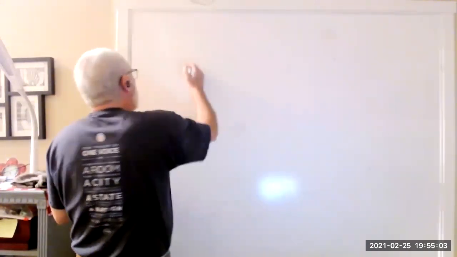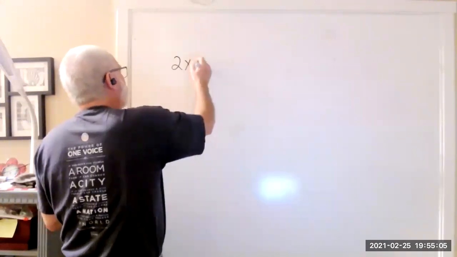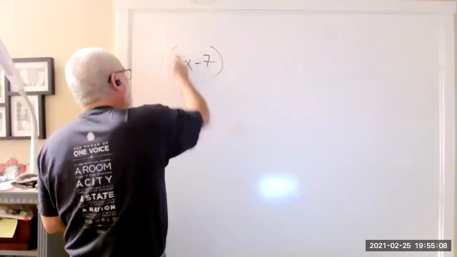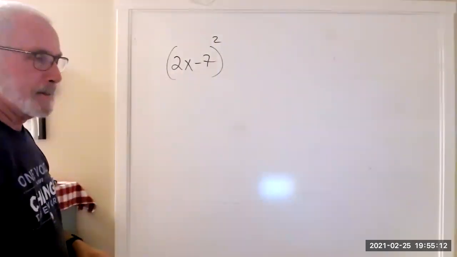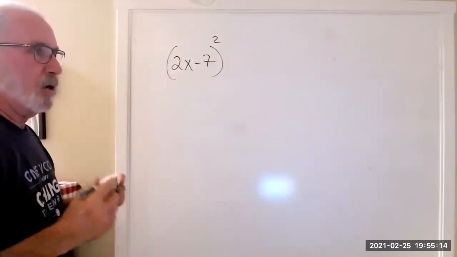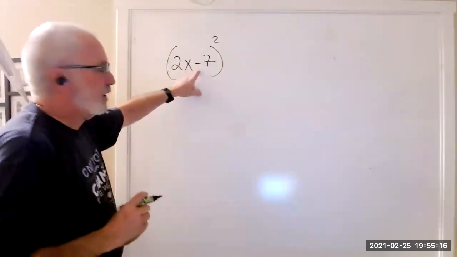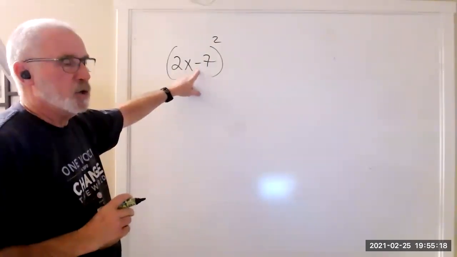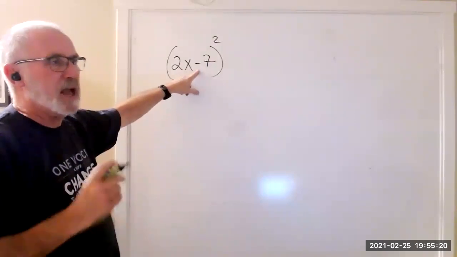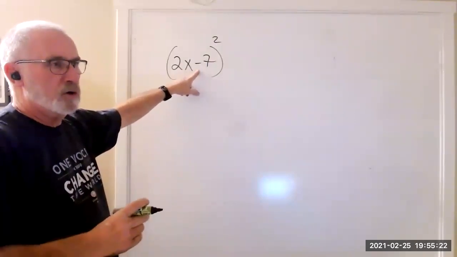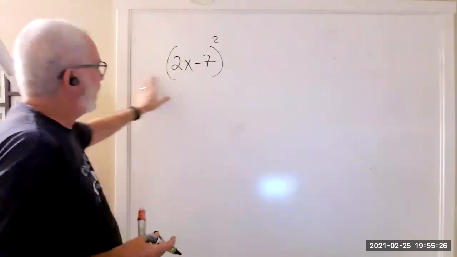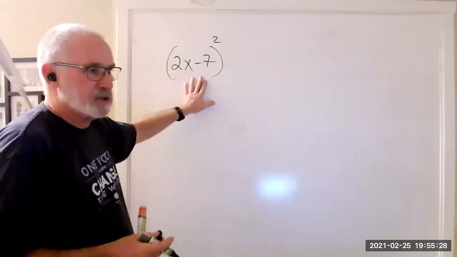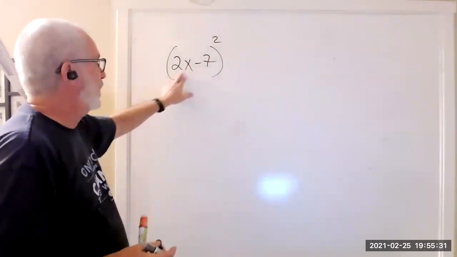Suppose I had 2x minus 7 quantity squared. Because of the minus, you can't use the exponent rules. Remember, the exponent rules only are good if everybody is multiplying inside there. They're not. That's a 2x minus 7.